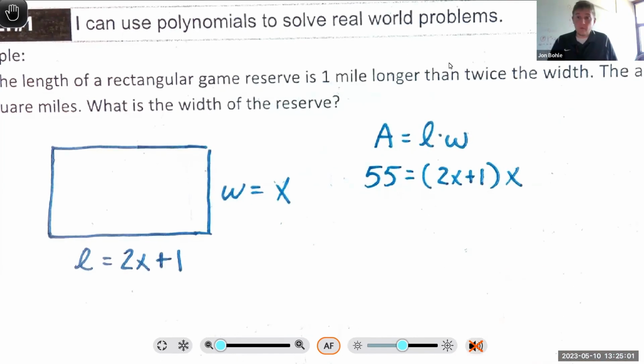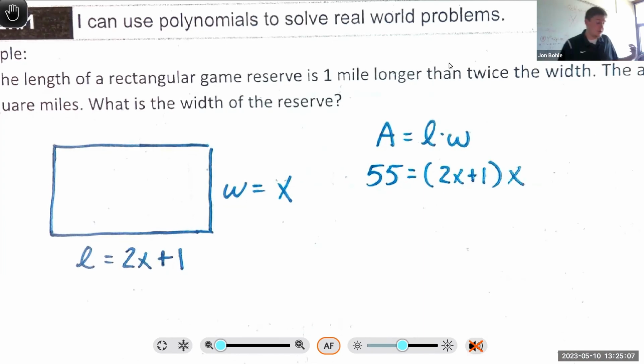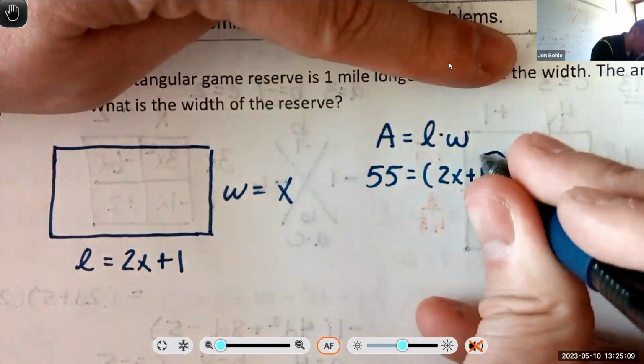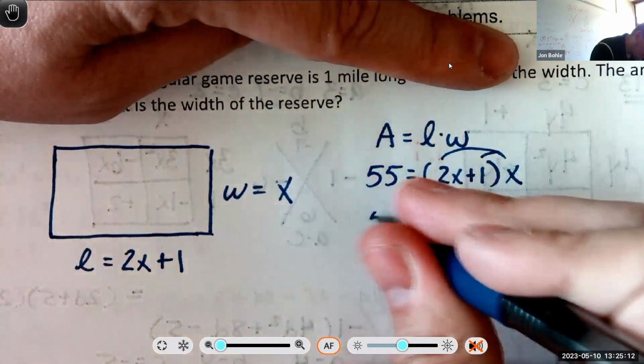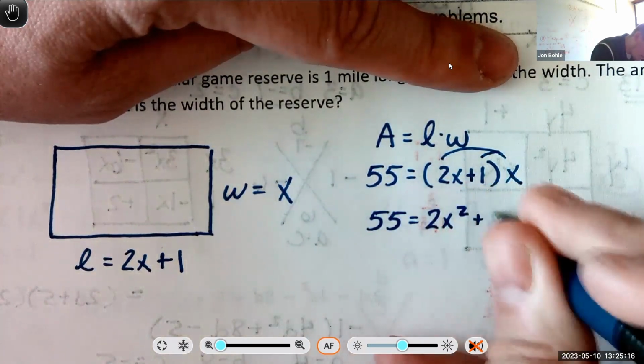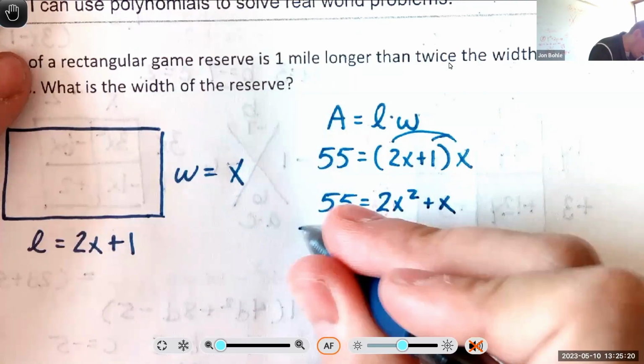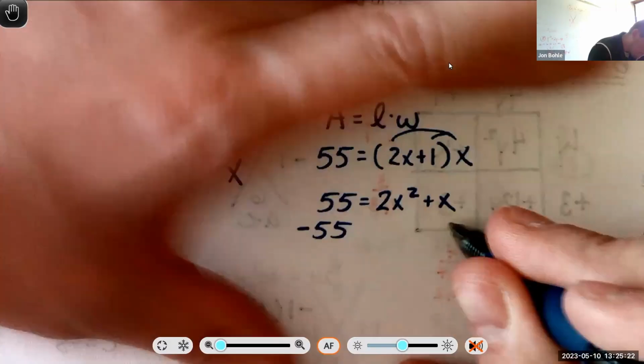So this is an area formula that we can solve. If you remember the zero product property, it has to be equal to 0. So I have to unfactor this by using the distribution property, and now I can set it equal to 0 by subtracting 55.